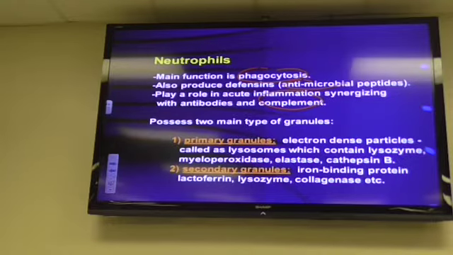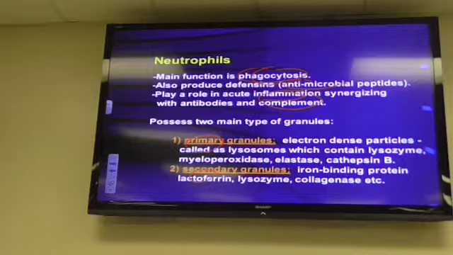That's a little bit more damaging to the tissue right there. So they have some role in inflammation. But their main function is phagocytosis and, to some extent, antimicrobial peptides. They have these primary granules and secondary granules, which you will see what exactly they are in the next slides.